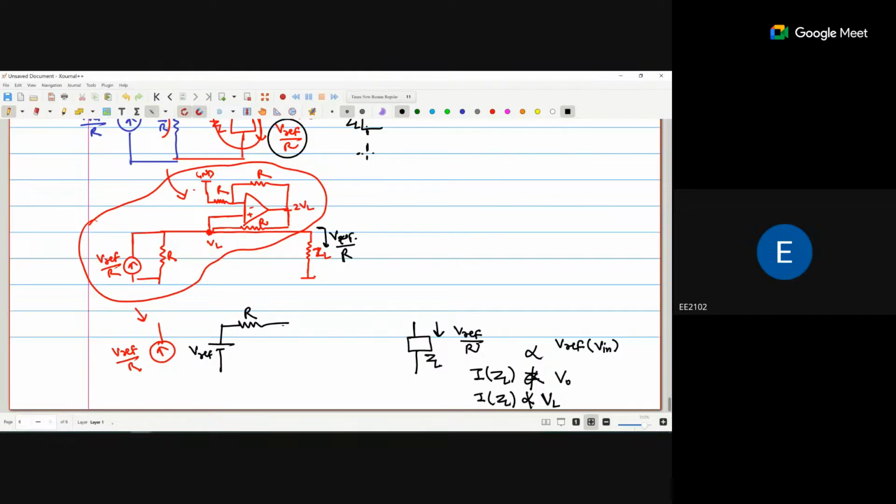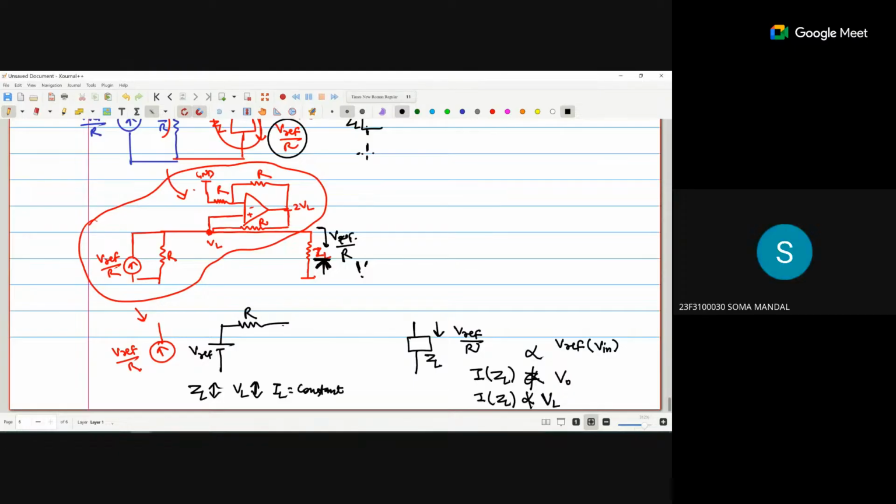Yes, sir. Okay, if you change the ZL, increase or decrease, your VL may increase or decrease, but your IL is constant.